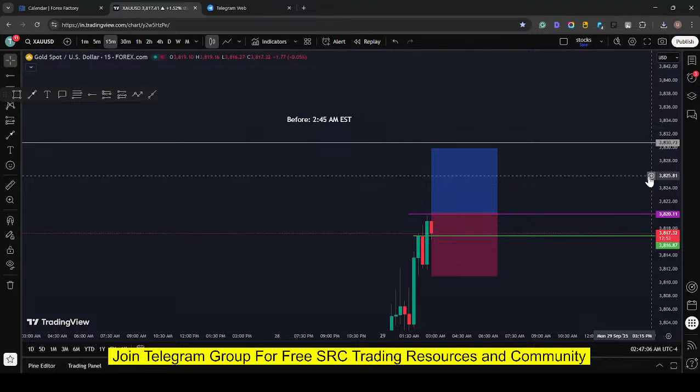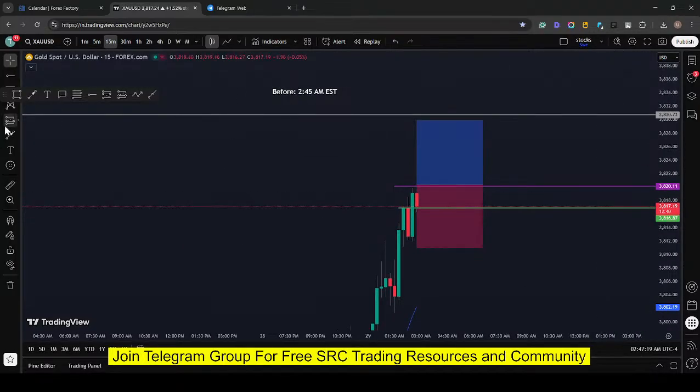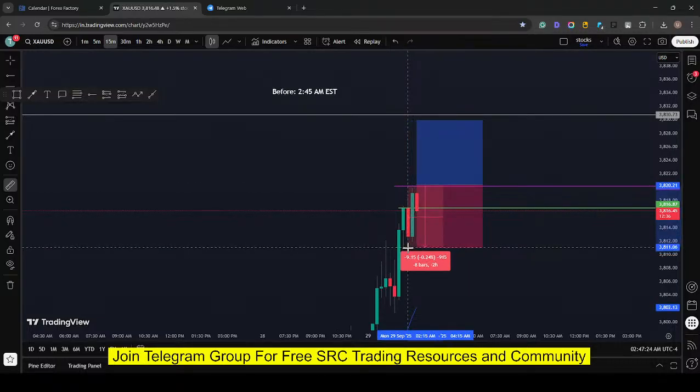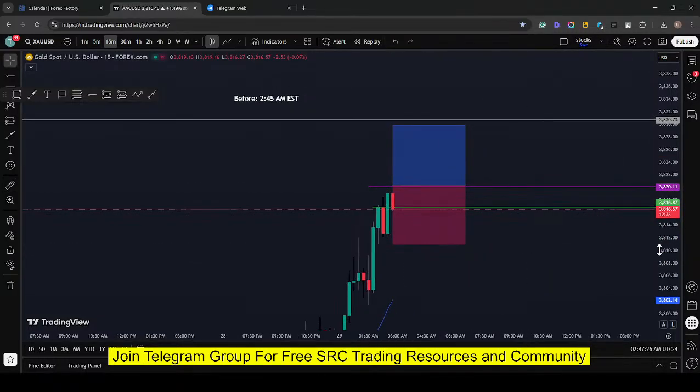I will be planning some one by one. Though SL is huge, it's an 80 to 90 pip SL.